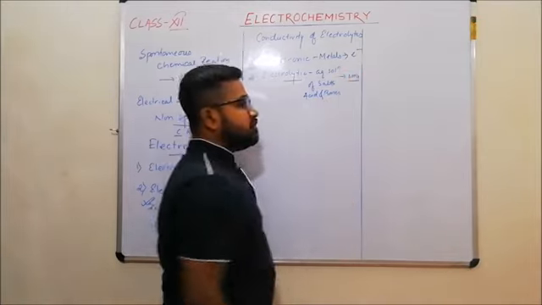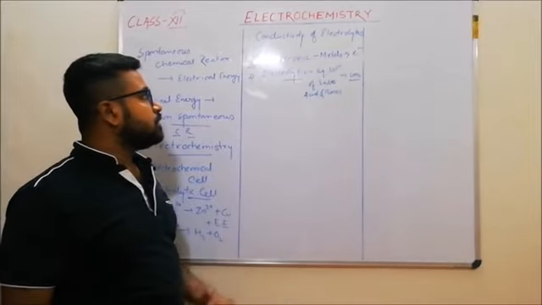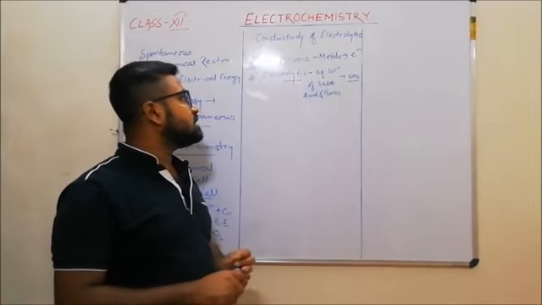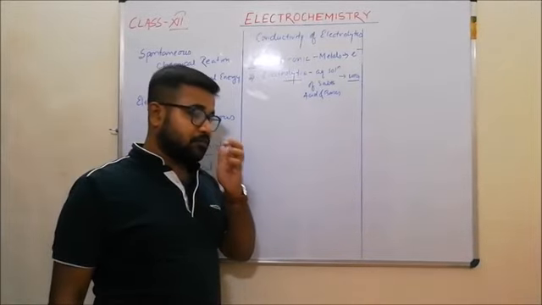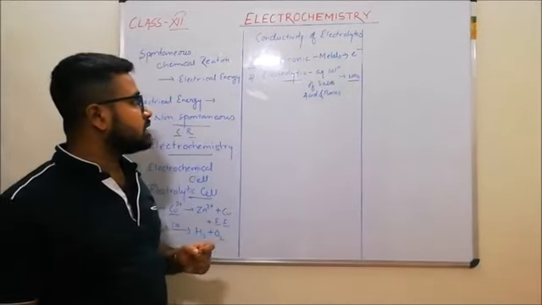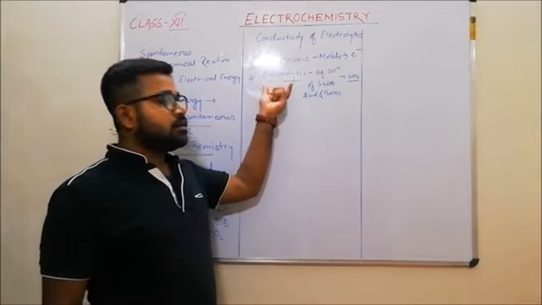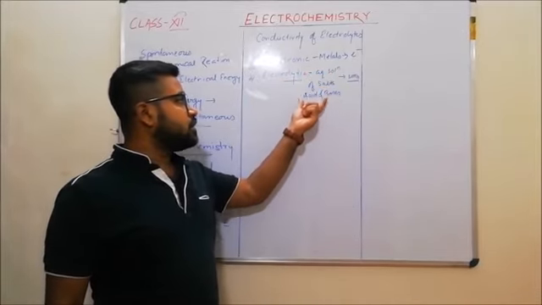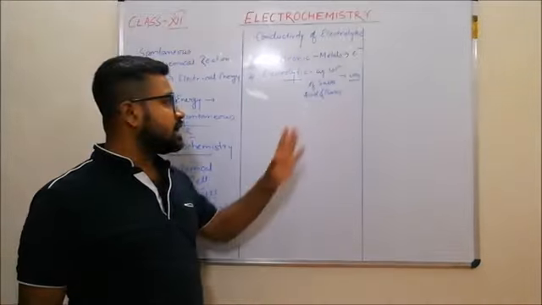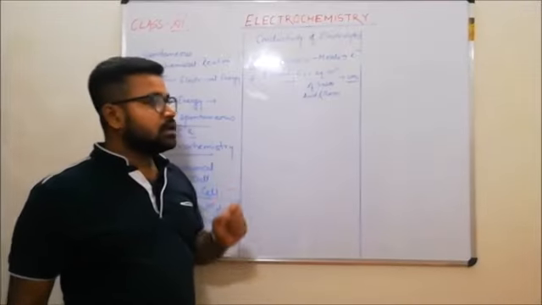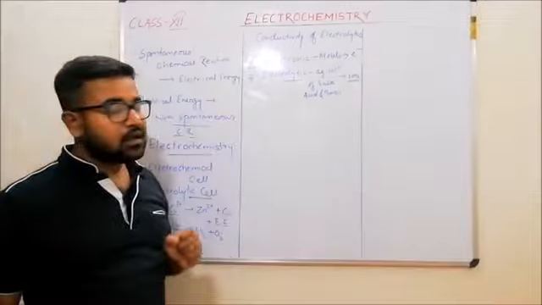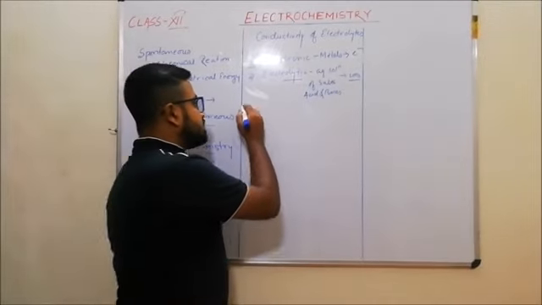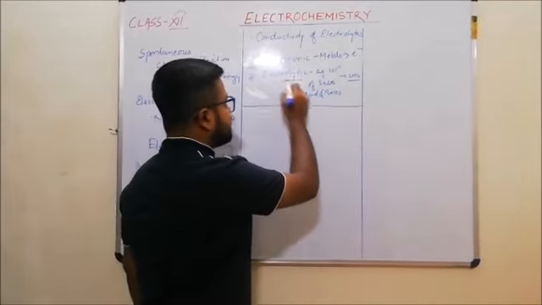So there are two types of conduction: the electronic, in which metals come under, where free electrons conduct the electricity, and the electrolytic, in which aqueous solutions of salts, acids and bases are there, and the ions conduct the electricity. In chemistry, generally we will take the electrolytic conductors.